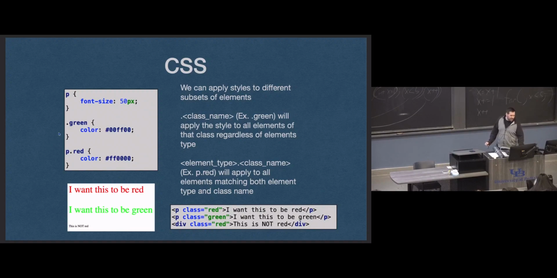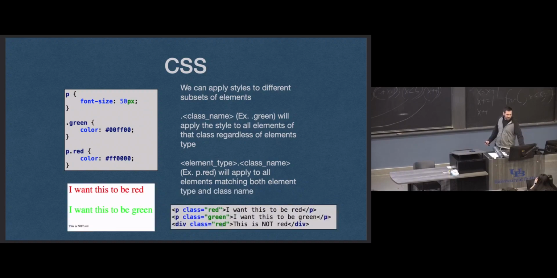So instead of saying every paragraph with the class green, like here we're saying every paragraph with this class red gets this styling, what we can do is leave off the paragraph and just say every element of any type with the class green by just saying dot green, every element with the class green is going to get this styling attached to it. So my paragraph with class green, even though I didn't specify paragraphs, I said anything with the class green. This has the class green. I don't care what type it is. It's going to be green.